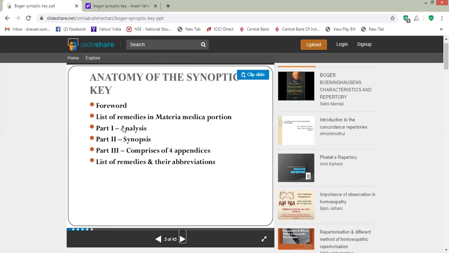Then the first part is analysis, the second part is synopsis, and the third part comprises four appendices. Then list of remedies and their abbreviations are given.